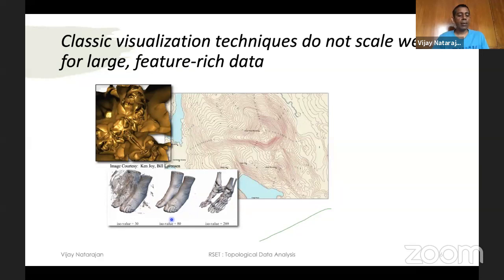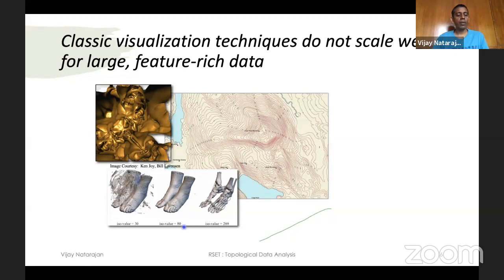So in this example, we have a CT scan of the human feet. This is a volume, and you can extract different surfaces from this. For different scalar values, so for a value of 30, you get the skin structure together with a little bit of the ambient space.